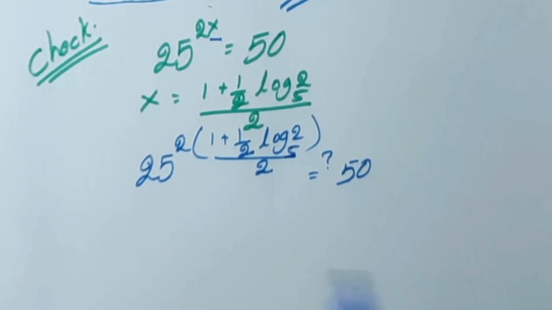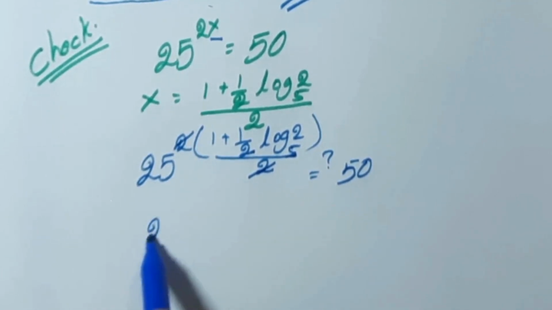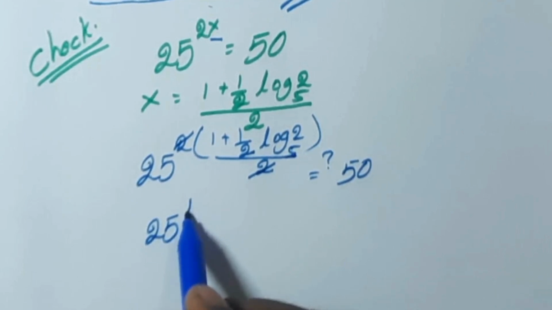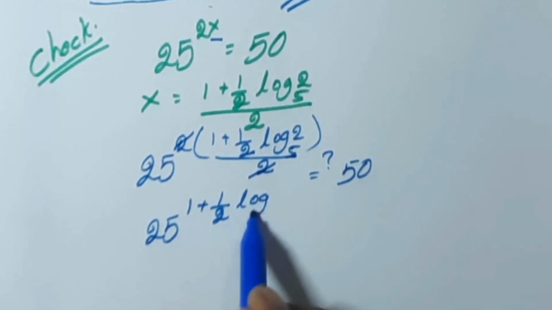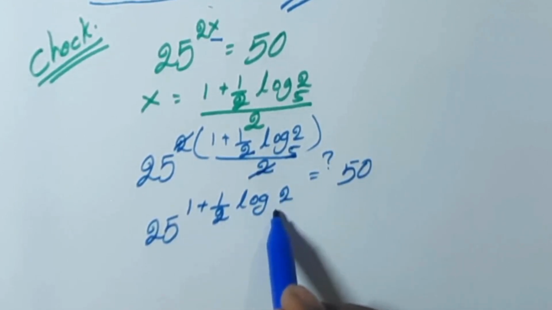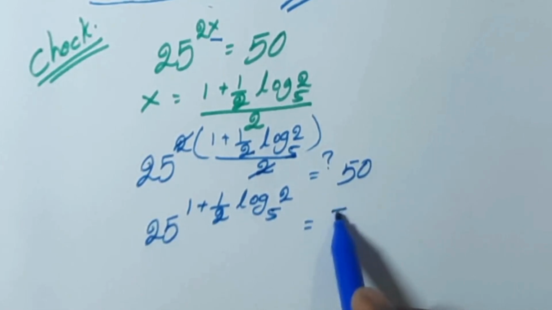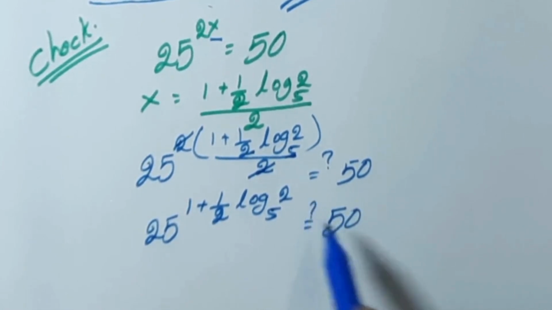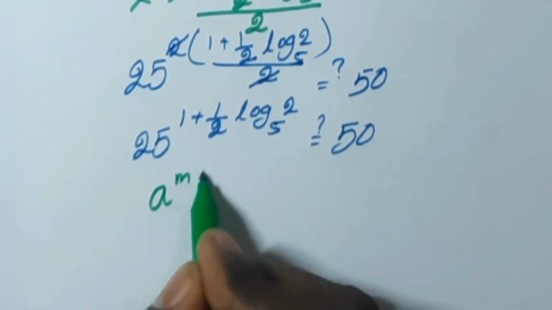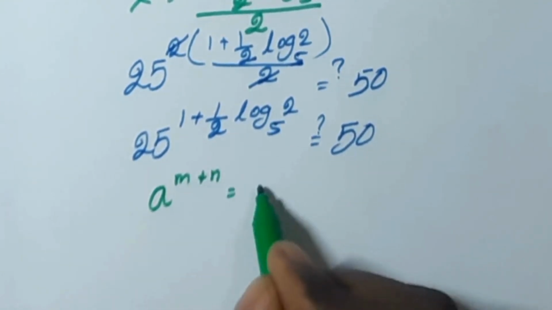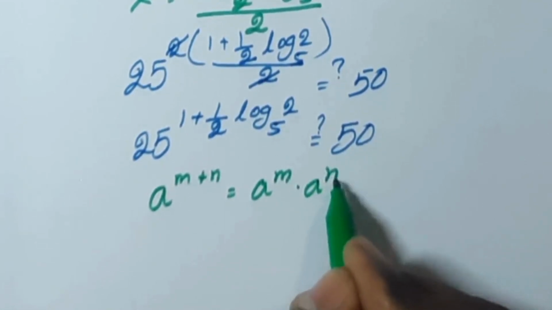Now this 2 cancels this, so we have 25 power 1 plus 1 by 2 log 2 base 5 equal to 50. A power m plus n equal to a power m into a power n.